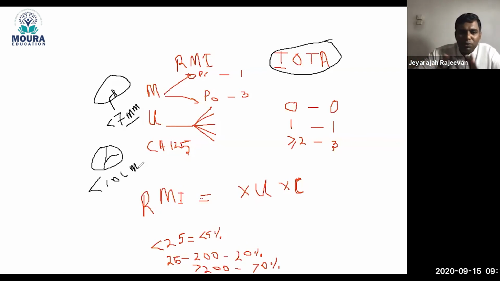So for MCQ purposes, if you know presence of acoustic shadowing, that's enough. So there are 5 features suggestive of benign. One is unilocular. Second one is multilocular, less than 10 centimeter. Third one is solid component less than 7 millimeter. Fourth one is no vascular flow on Doppler. Fifth one is acoustic shadowing on ultrasound. Those are benign features.